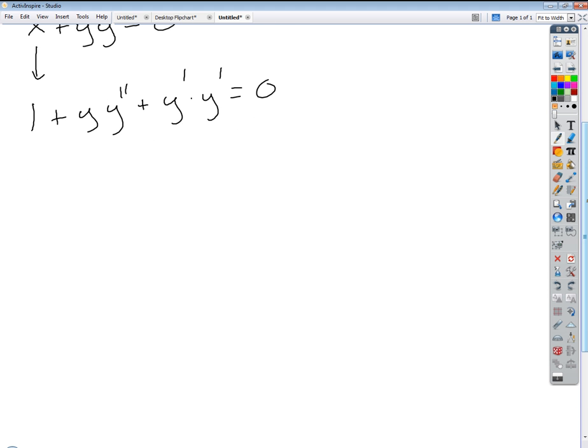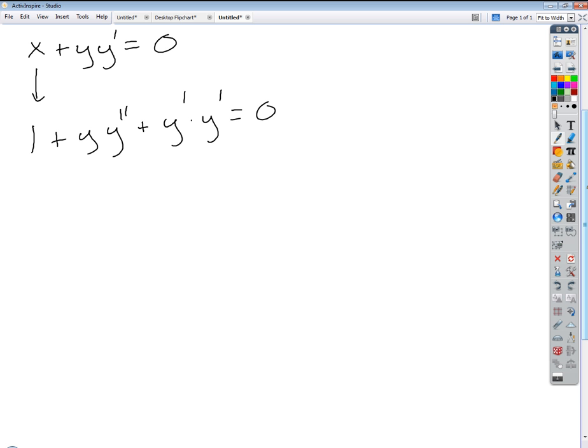Let me pause there. Does that make sense? We just took the derivative. The first factor is y, the second factor is y prime, so we've got first times derivative of the second plus second times derivative of the first, right?